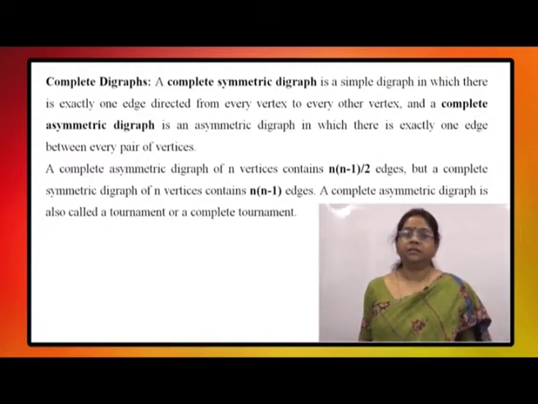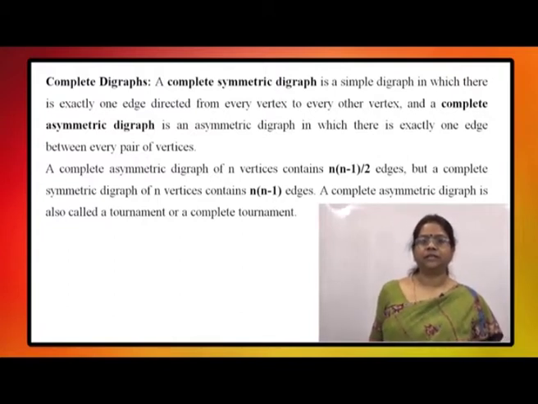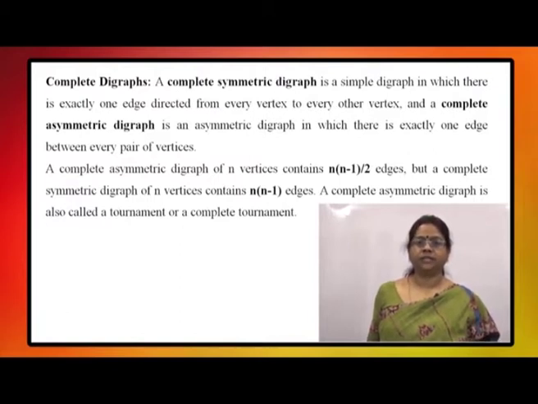But a complete symmetric digraph of n vertices contains double this number of edges, because between each pair of vertices there are two edges oppositely directed.